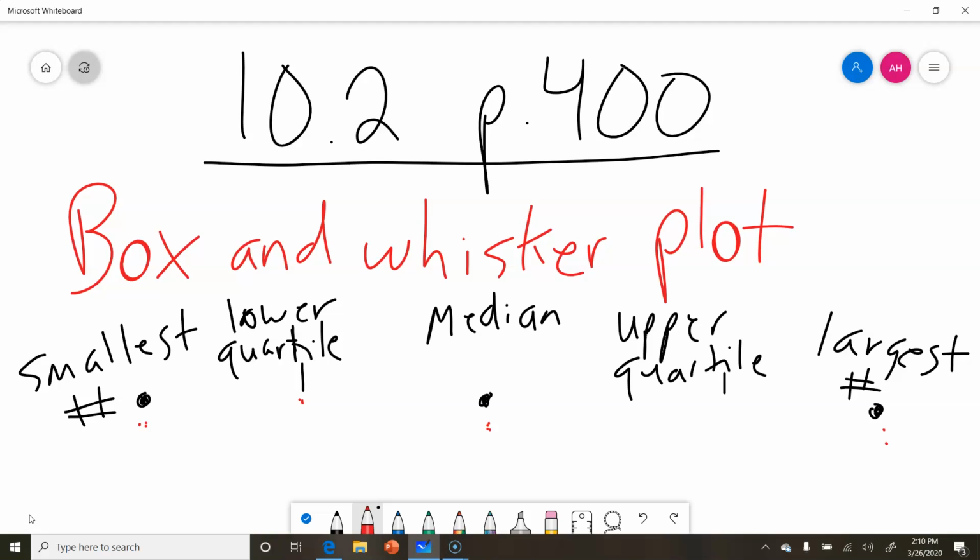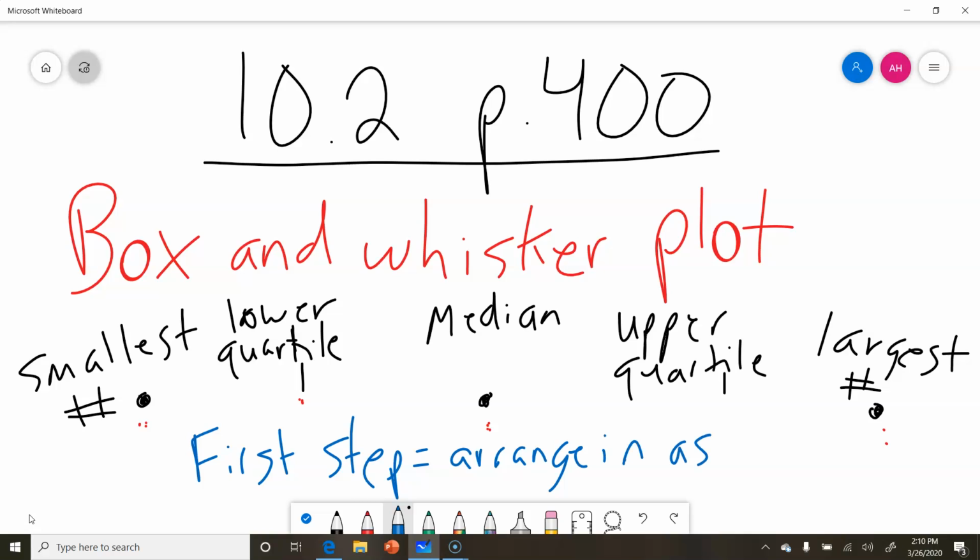So the first thing we have to do with any set of numbers, so you can write this down, first step is to arrange in ascending order.